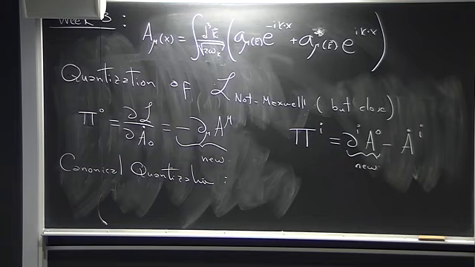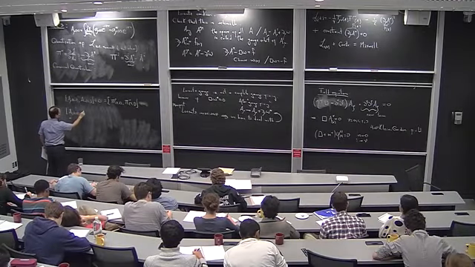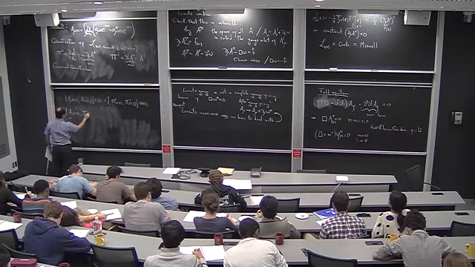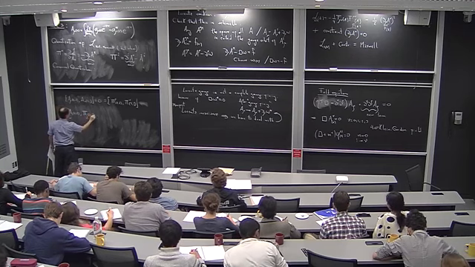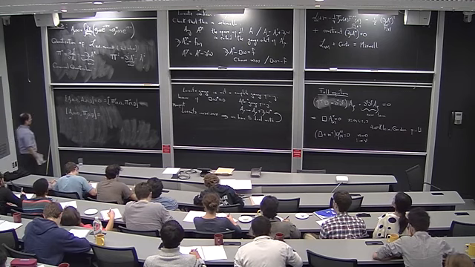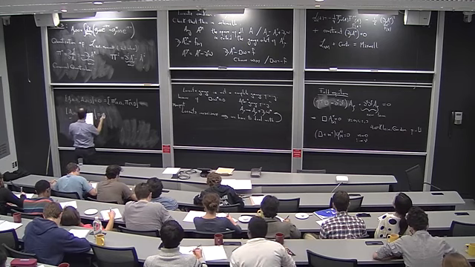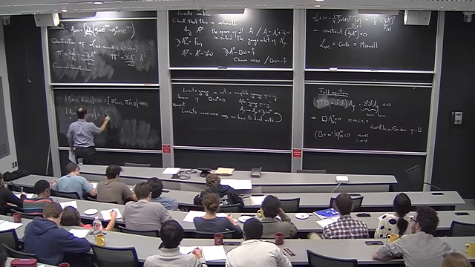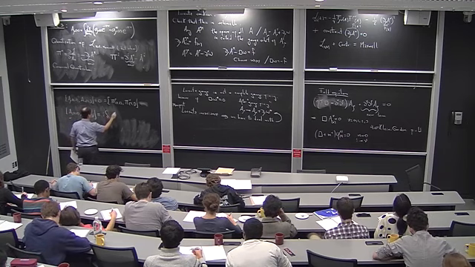Oh, sorry. It's already done. Now comes the interesting part. Say we have a space-like component A_i and a space-like component, these. Well, the commutation relation has to be the standard one, right?